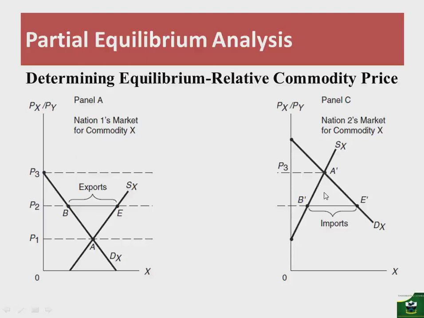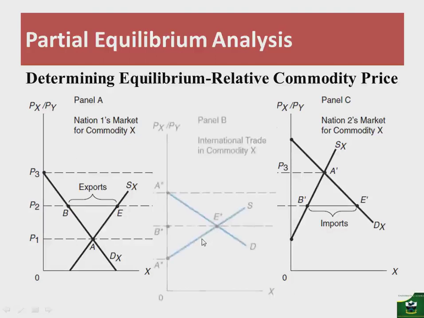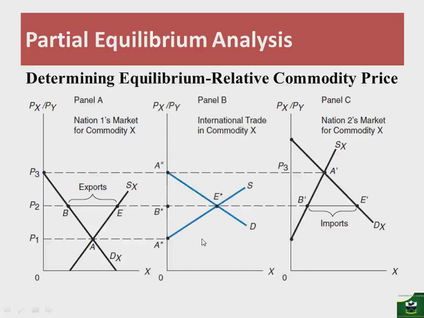Now, if we analyze the demand and supply for commodity X in nation 2 and move to the demand and supply for commodity X in nation 1, we can then determine our international terms of trade, or the equilibrium relative commodity price, by joining these points.